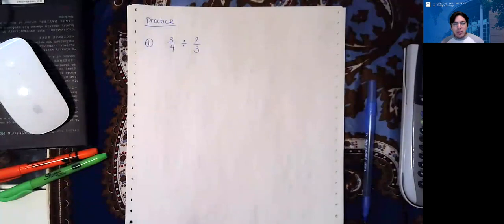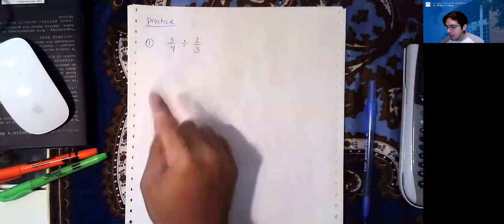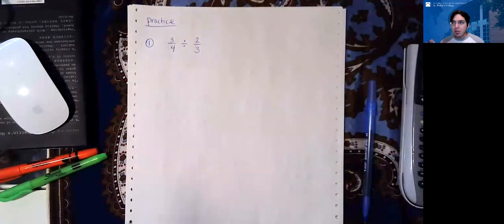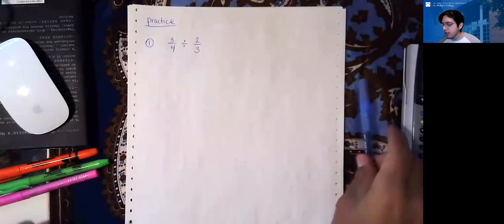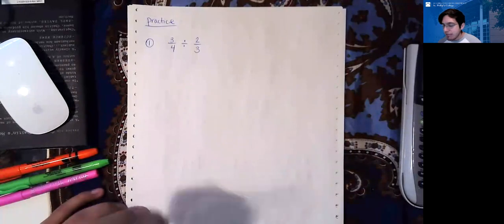So what you don't want to do is make the mistake of trying to divide any of these numbers like you would with whole numbers. Don't try to say 3 divided by 2 and 4 divided by 3, because then you're rushing in and you're going to make a lot of mistakes, right? You want to apply the rule that I just gave you. Every time you see a division problem with fractions, keep, switch, flip.